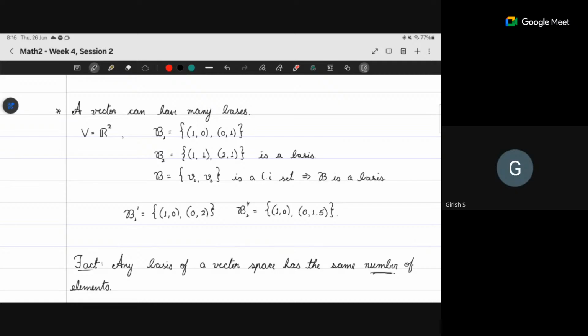Otherwise, the number of elements of an infinite set is not a precise statement. But for the vector spaces that we'll be dealing with, there will always be a basis of finite elements, and any other basis may be different, but the number of elements they have will be the same. Just as we saw over here, you have infinitely many bases, but each basis has only 2 elements.